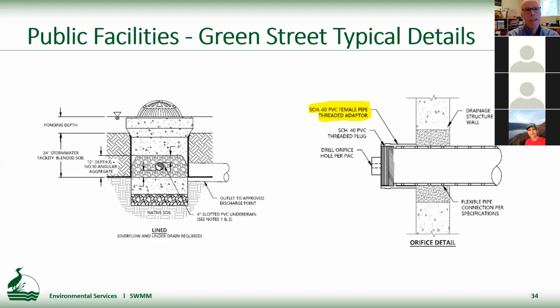A couple of details for public facilities on the right. Again, continuing with the orifice, there's a view looking down on the underdrain pipe entering the control structure, which would be on the left. The pipe extends into the structure long enough to allow an adapter that allows a screw cap to go on the end of it. And then the orifice is drilled in the nut of that plastic screw cap.